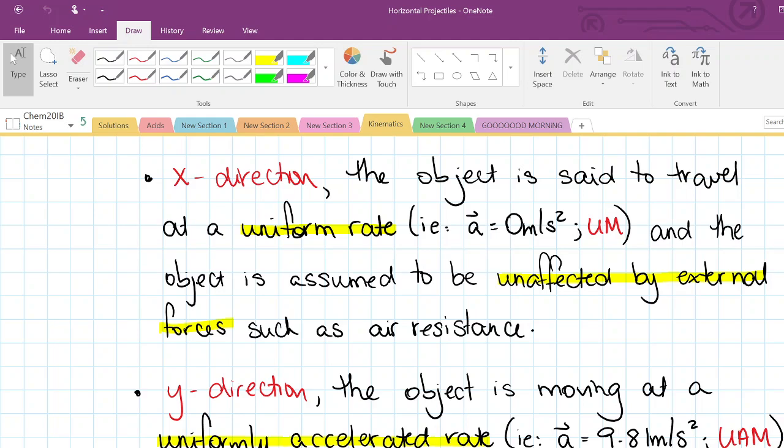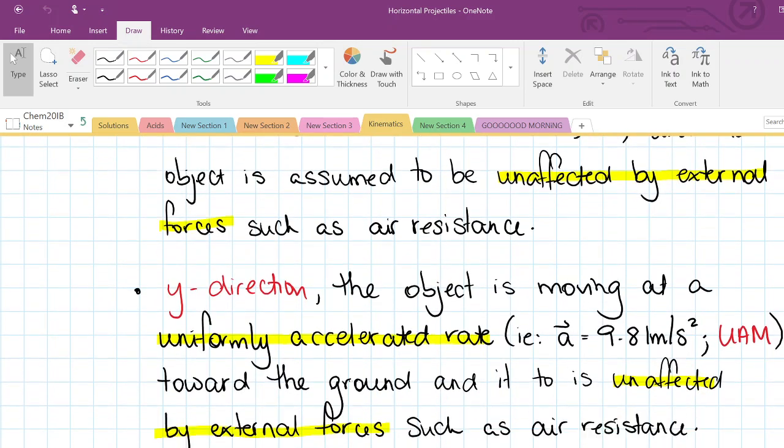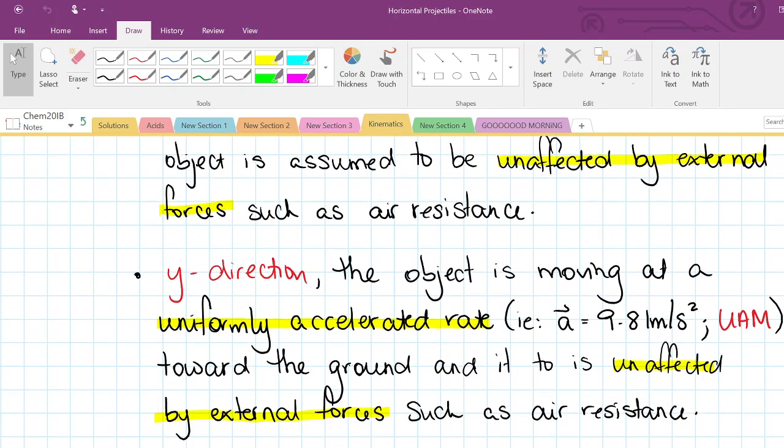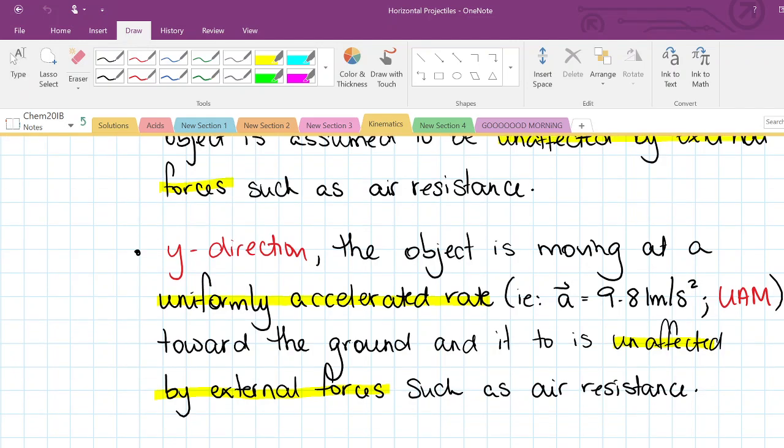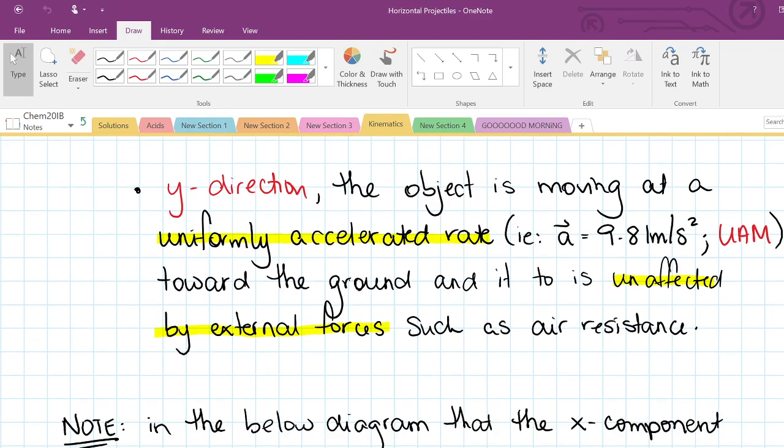But in the y direction, the object is uniformly accelerating at 9.81 meters per second squared, so it's undergoing uniformly accelerated motion as it moves toward the ground. We also say that it's unaffected by external forces such as air resistance, so we don't look at air resistance slowing down the object. We just assume that it's falling in that downward direction, unimpeded, with an acceleration of 9.81 meters per second squared.